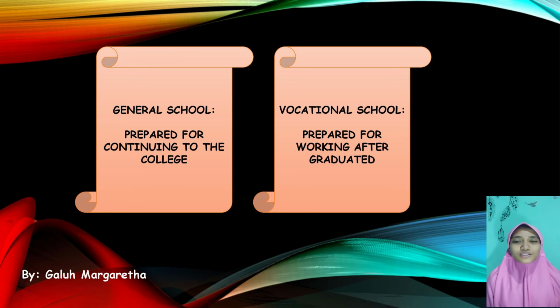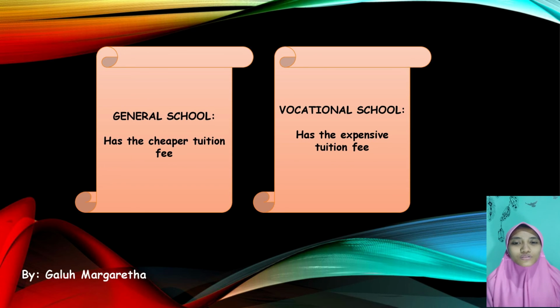Okay, the last is about the tuition fee. General school has a cheaper tuition fee than vocational school, because in vocational school we know that they need to improve their skill, and each department or each knowledge, like multimedia, electricity, culinary, they need some tools or some equipment that usually needs a big cost too.